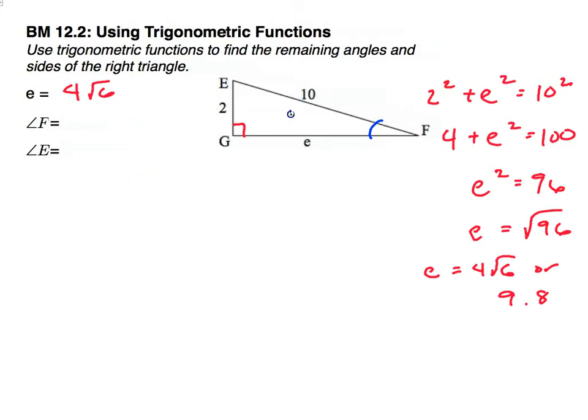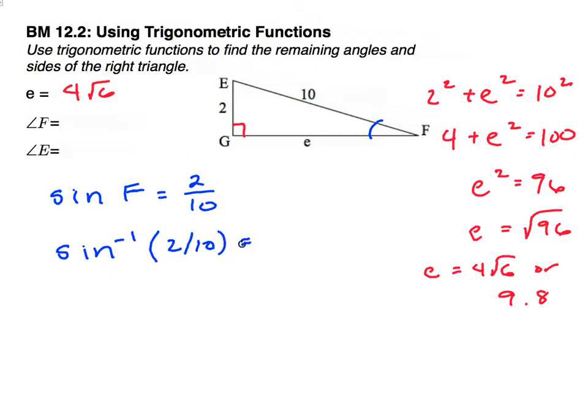The trig function that uses opposite and hypotenuse is sine. So the sine of angle F equals 2/10. Inverse sine, 2/10.